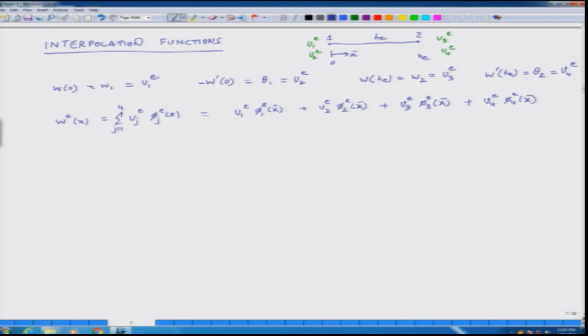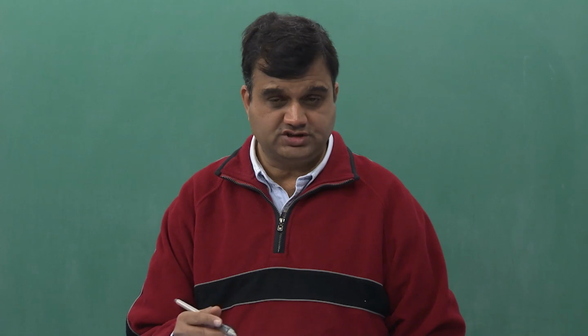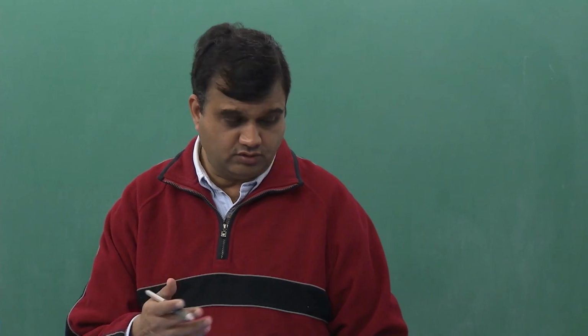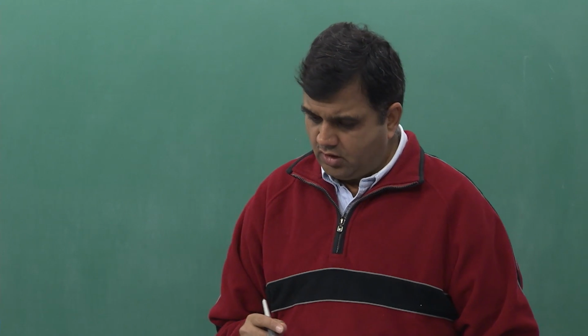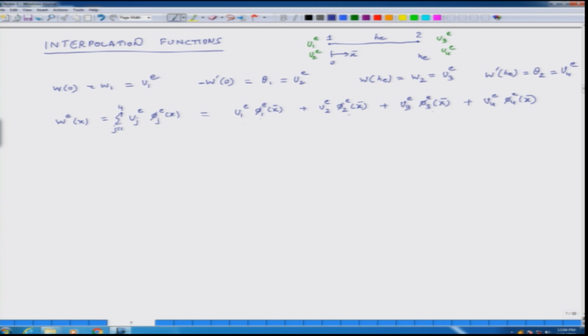Here phi 1, phi 2, phi 3 and phi 4 are the approximation functions, and our aim is to develop these approximation or interpolation functions, which we right now do not know. Now, if you look at these approximation functions, you will see that U1 explicitly comes with phi 1, U2 explicitly comes with phi 2 and so on and so forth.